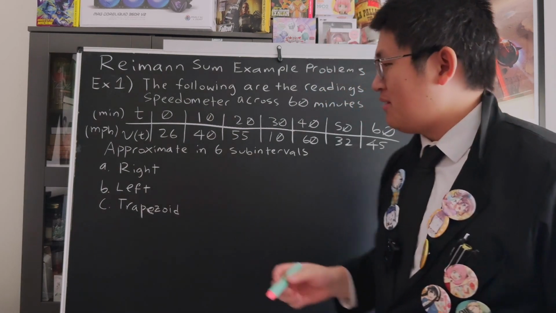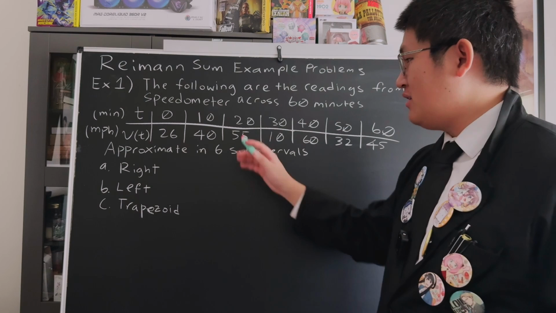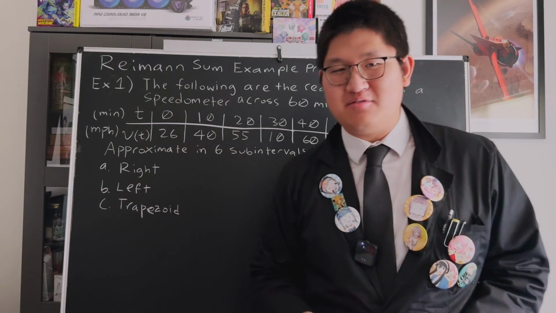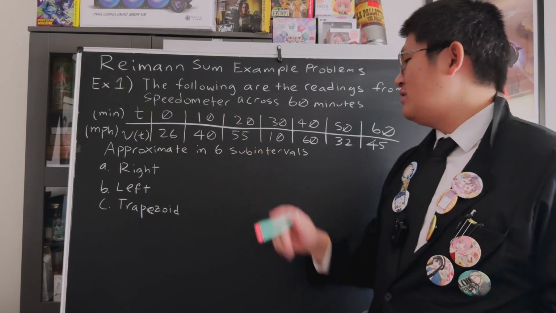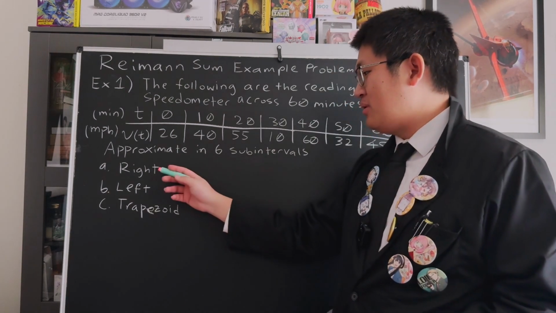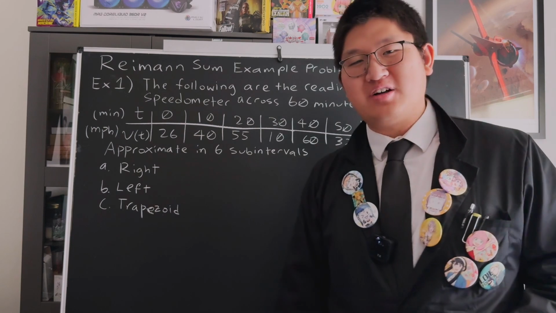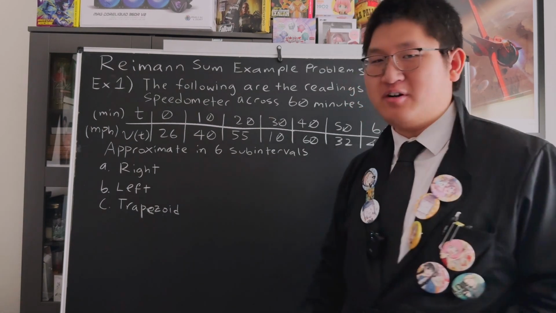Our job is to approximate the area underneath this graph or table, divided into 6 sub-intervals, using the right, left, and trapezoid methods.